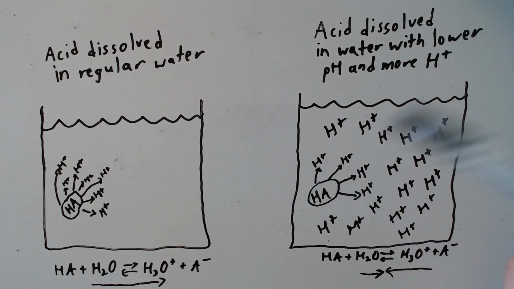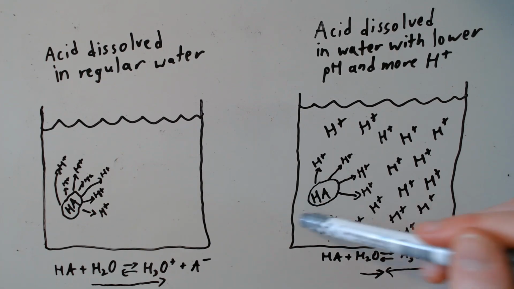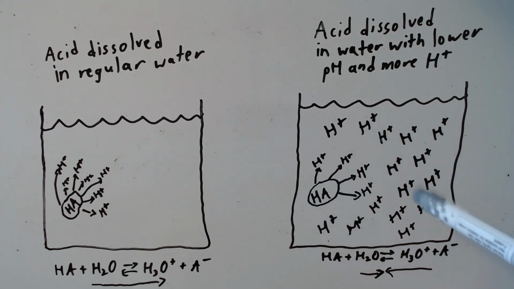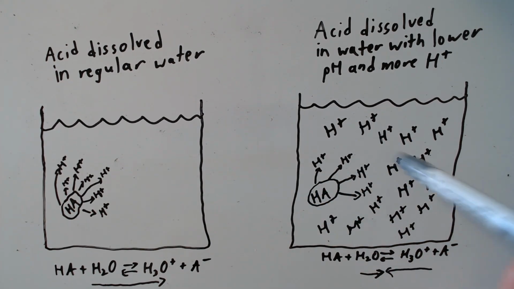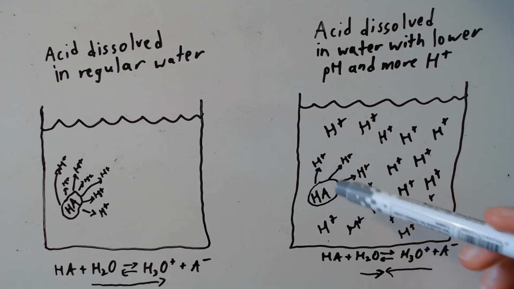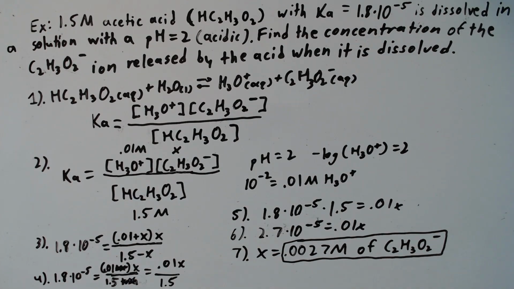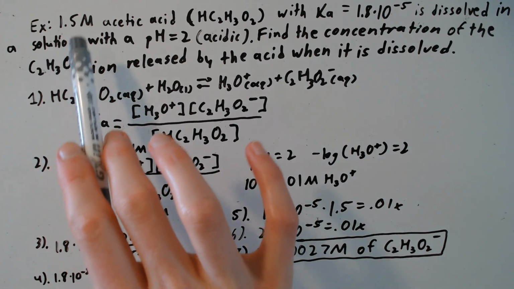And now we're going to see how we can solve problems to find how much acid dissolves in a solution that already has a lot of these common ions, a lot of these H+ present prior to the acid dissociating. Now let's say we have the following problem.